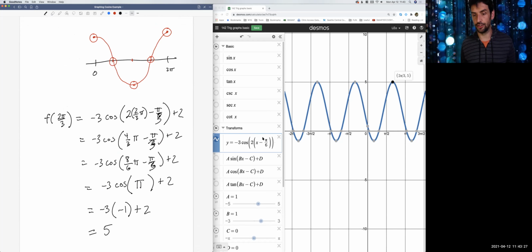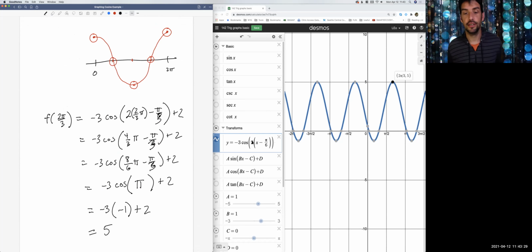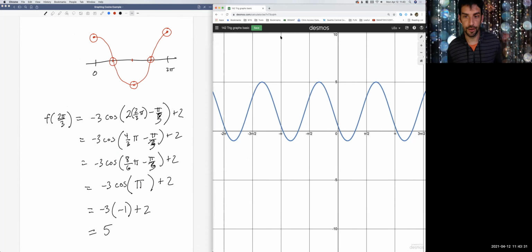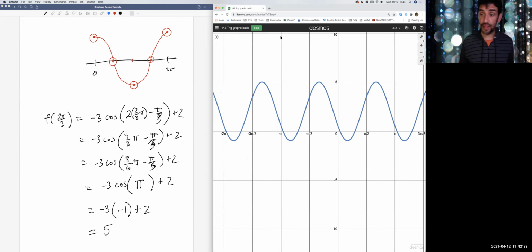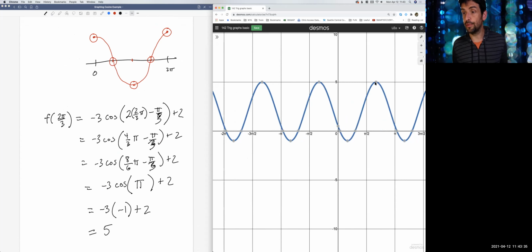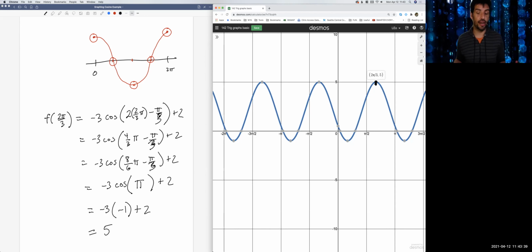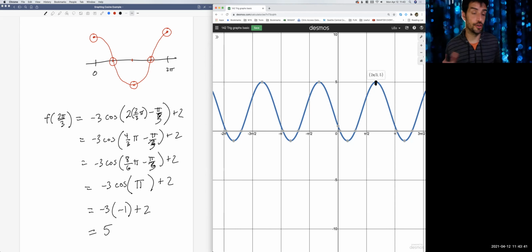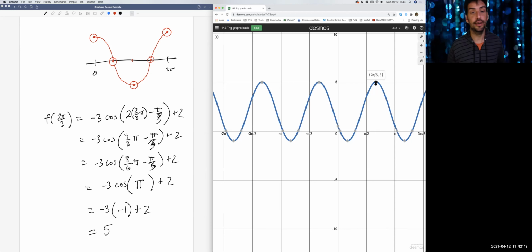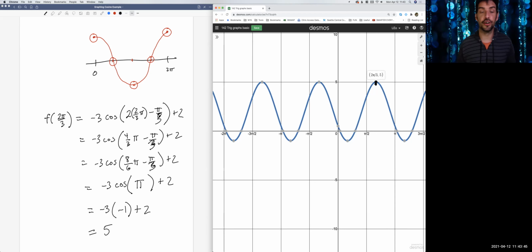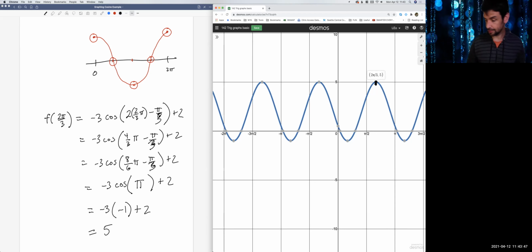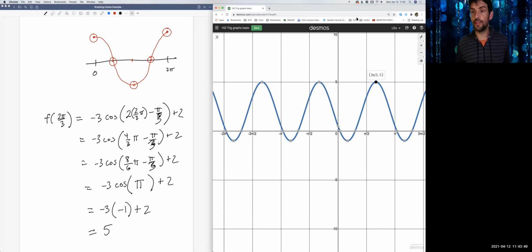I had it in factored form in the computer, which is where I copied it from. But what that does confirm for us is that at an input of 2 pi over 3, we get an output of 5. And so this is usually a good way to check your graphs. You can plug in a couple of the points you get to confirm that you've got things in the correct place.